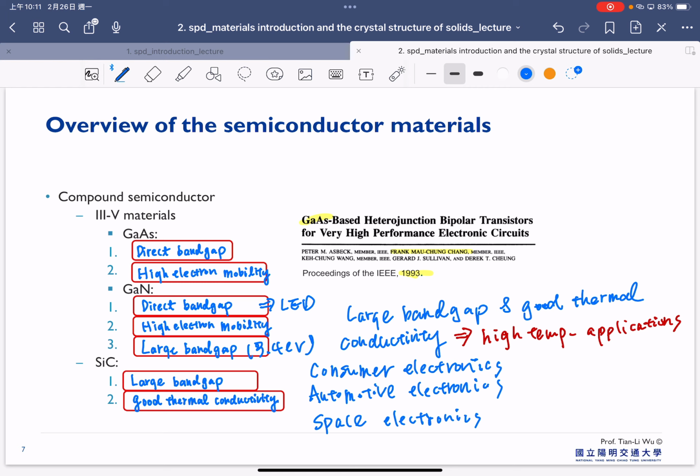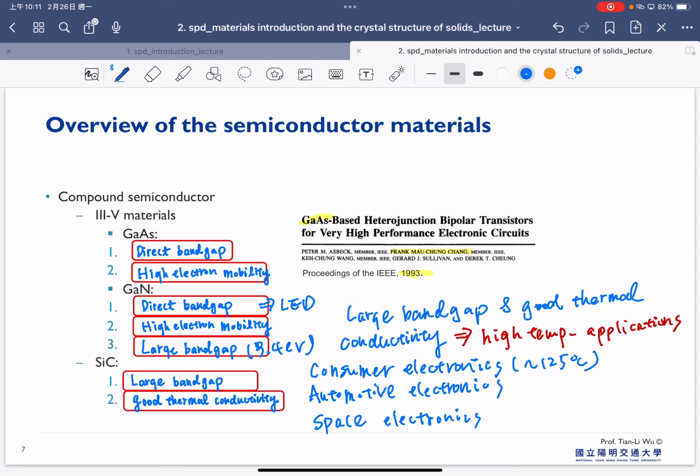In general, consumer electronics are used in environments below roughly 125 Celsius. On Earth, you definitely won't put your cell phone in an environment beyond 100 Celsius. So when making consumer electronics, they just have to make sure the device can survive up to maybe 125 Celsius.